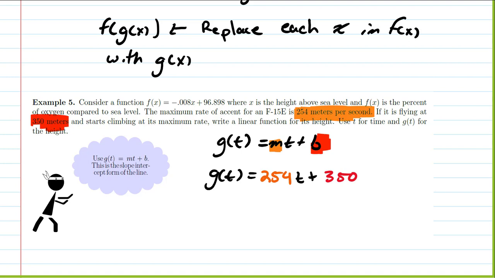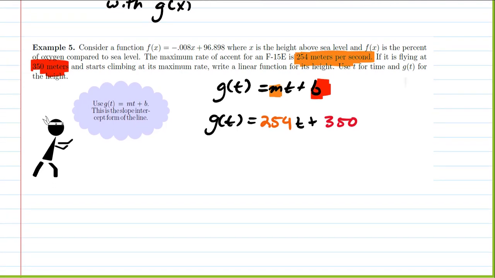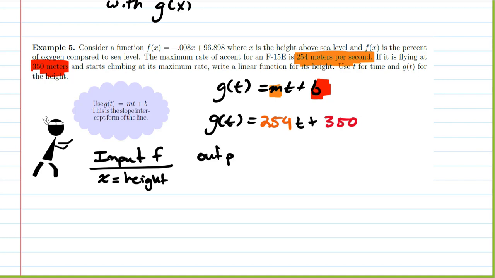So now we have two different functions. We have f of x and we have g of x. Let's do a little bit of analysis on each of these. The input for f is what? Well, we're inputting x's, but what does x represent? x is the height. And then we have our output of f.